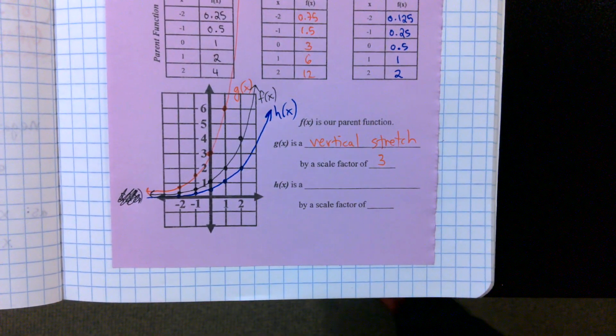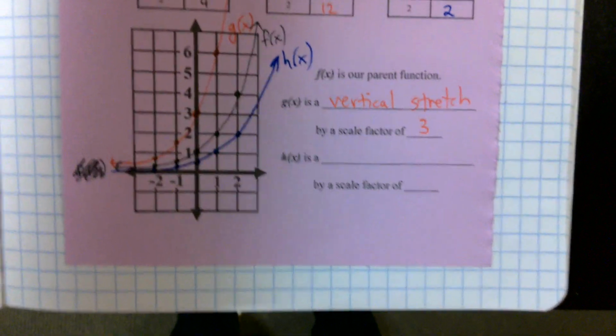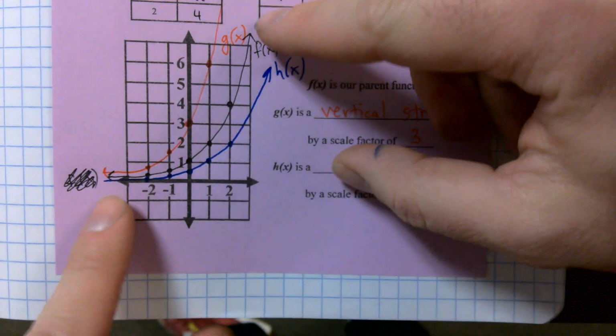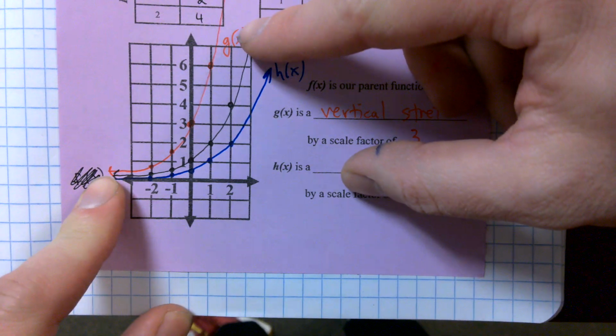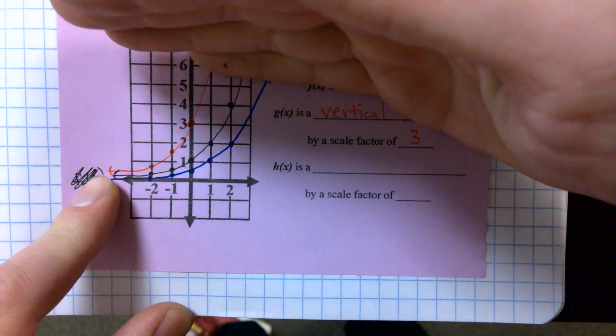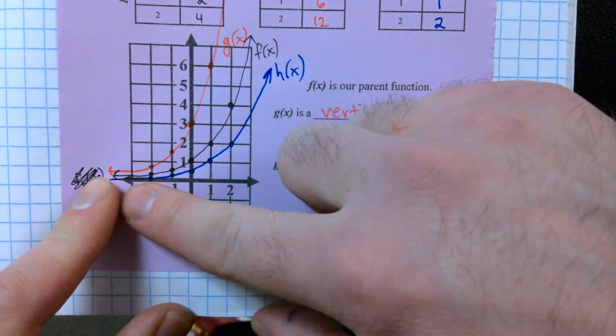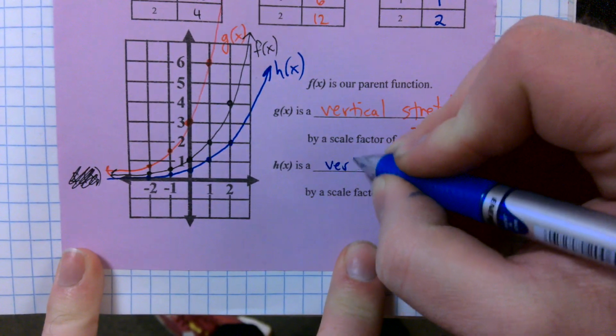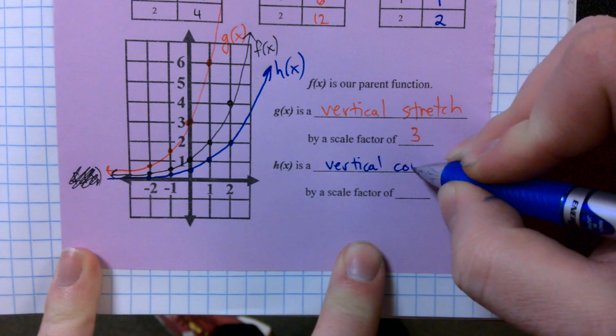What happened to my blue line now if we look at it? It's a vertical compression. We squished it down, right? It'd be like if I took this black line and I just pushed down on it and squished it. That's what we end up with, that blue line. This is a vertical compression.